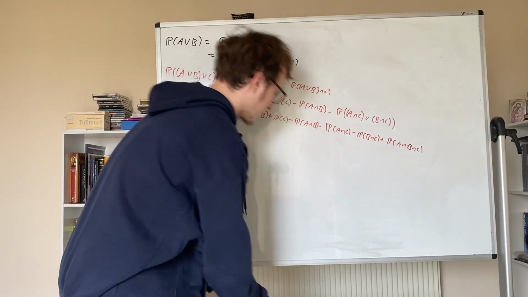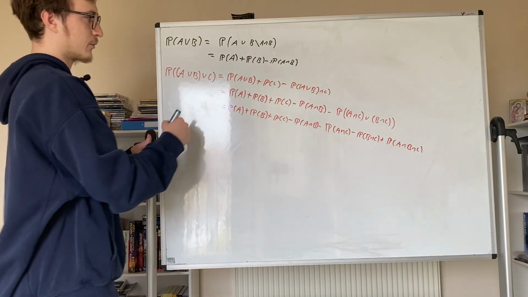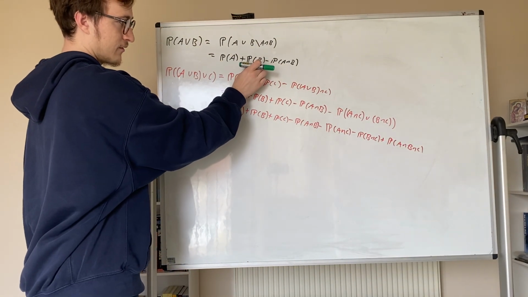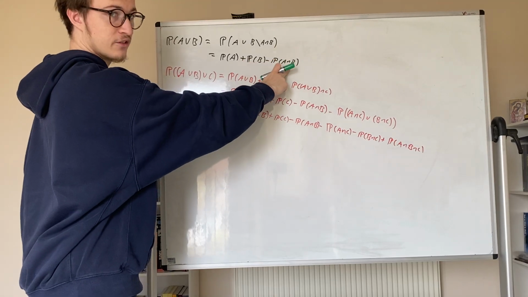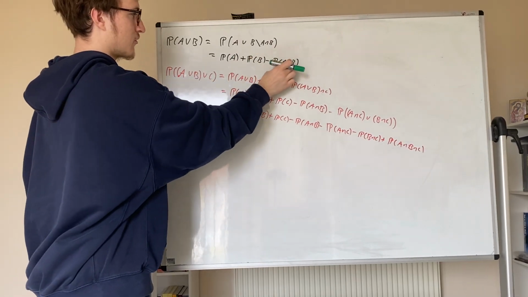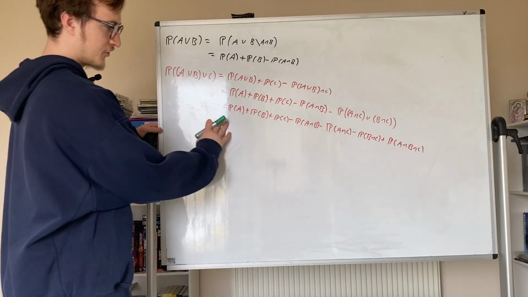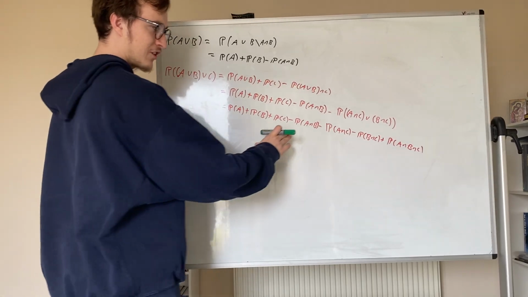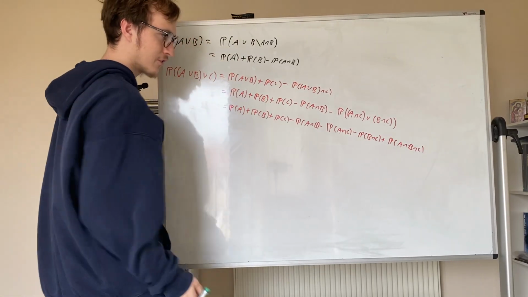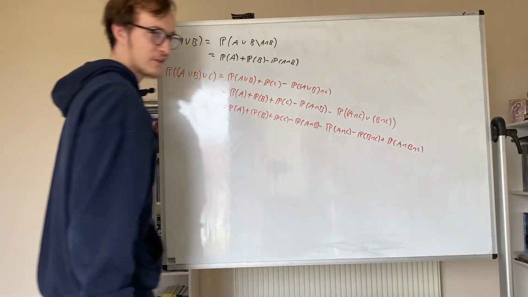All right, so what's the pattern here? What can we see is happening? Well, for two sets, we just had P of A plus P of B, all the singletons, and then we took away the intersection. Here we still have all the singletons. Then we take out all of the pairwise intersections, and then we add the triple intersection.